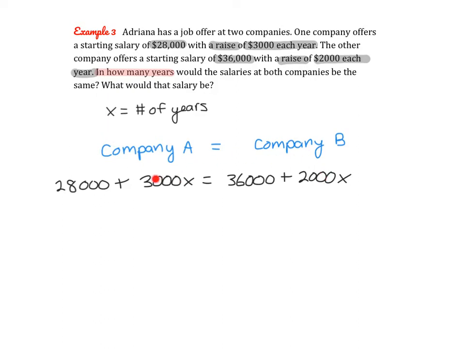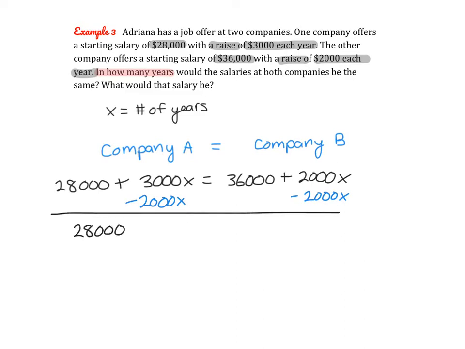So first, let's make sure all of our variables are on the same side. So I'm going to pick the smaller one and move it to the other side using subtraction. So 28,000 plus 1,000 X equals 36,000.